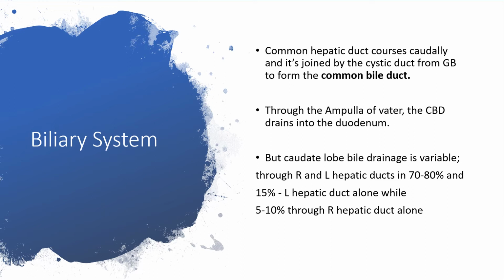Through the ampulla of Vater with the sphincter of Oddi, the common bile duct, that is the combination of the cystic duct from the gallbladder and common hepatic duct from the liver, would drain into the first part of the small intestine called the duodenum. But the caudal lobe would drain in a variable fashion.